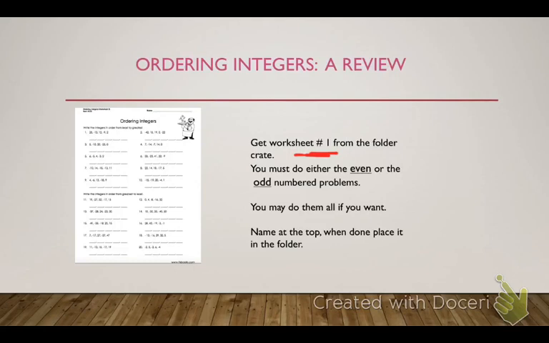Make sure your name is on each one, and only hand it all 3 in at one time. Don't just go over and hand one in at a time because it gets all messed up. You must do either the even or the odd. And actually, if you want to do them all, you may, but I'm only requiring you to do either the even or the odd. So make sure you get that correctly done.